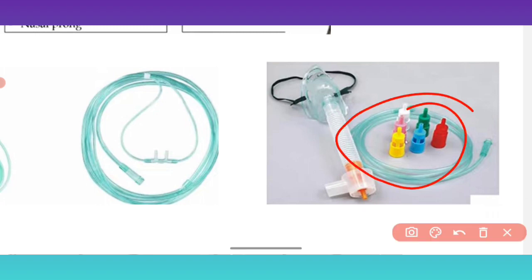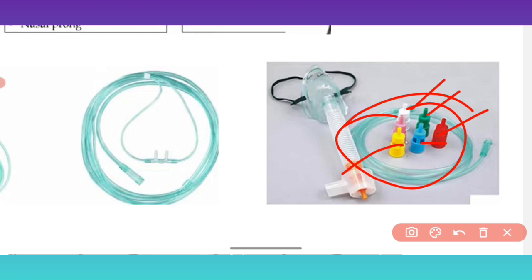Previously the Venturi mask had different color codes, and different color codes would give different percentages or liters of oxygen to the patient. Accurately it was giving the flow of oxygen to the patient. But nowadays this kind of Venturi mask is not used in specialty hospitals. Only one Venturi mask will be there, with only one color code. It has an adjustment type. Easily we can adjust the different flow rates and deliver the accurate oxygen to the patient.